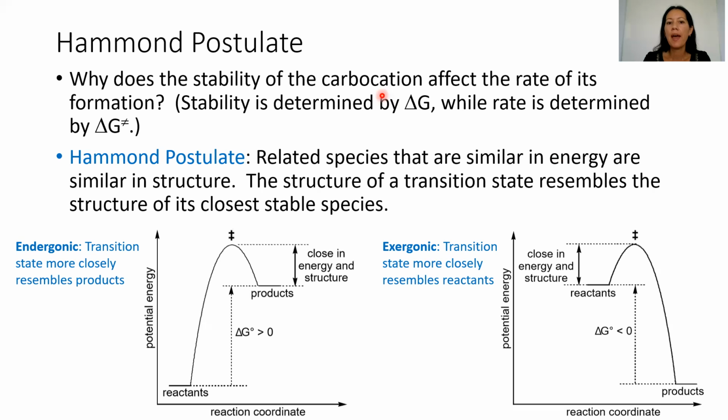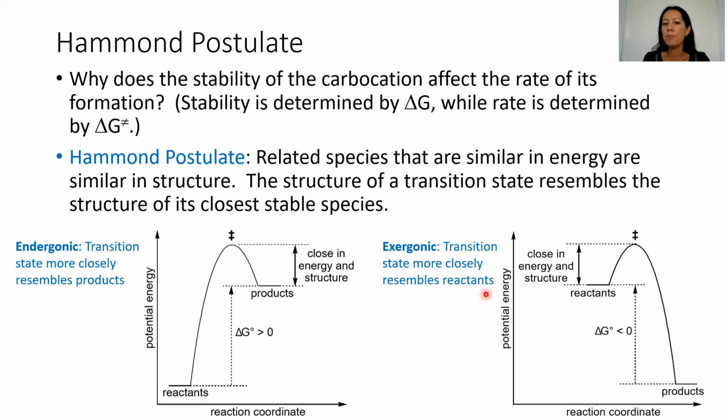Why is that going to affect what type of product is formed? So let's look at this. The Hammond postulate says related species that are similar in energy are similar in structure. And the structure of the transition state resembles the structure of its closest stable species. So I'm going to explain that.